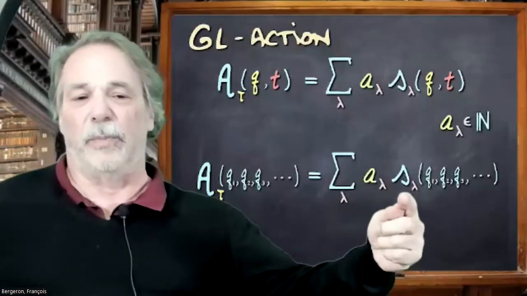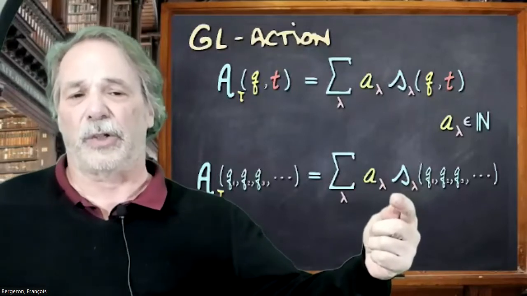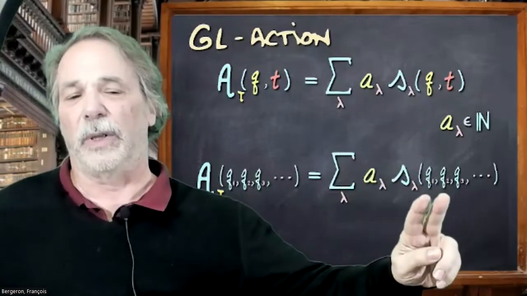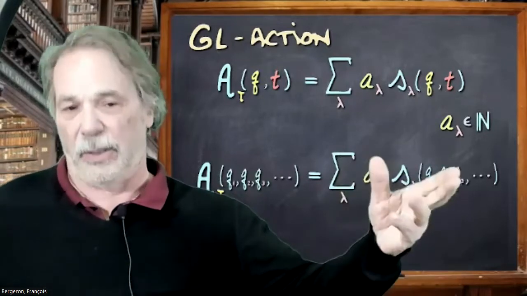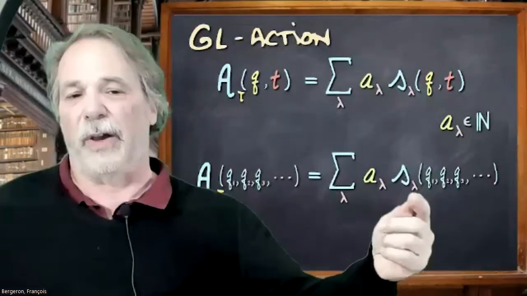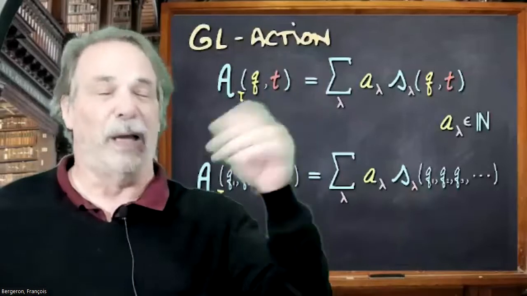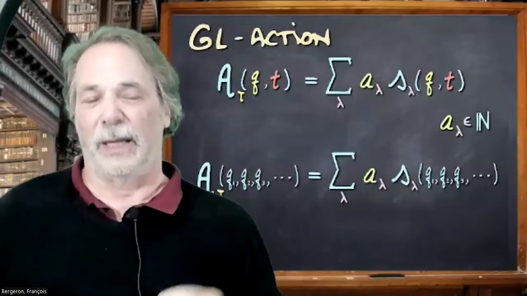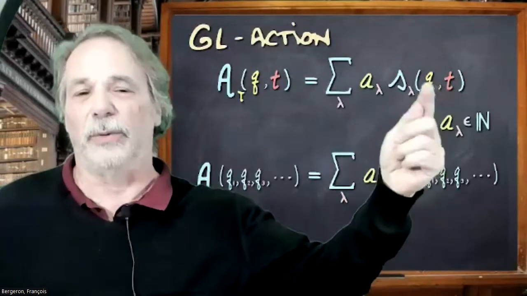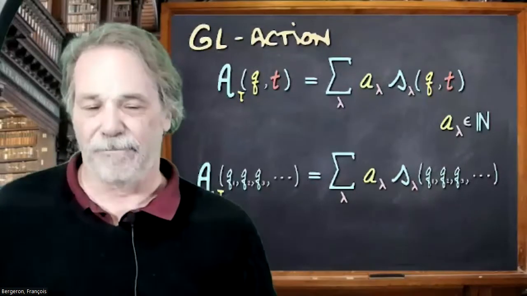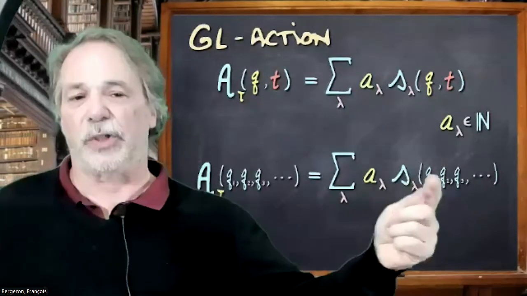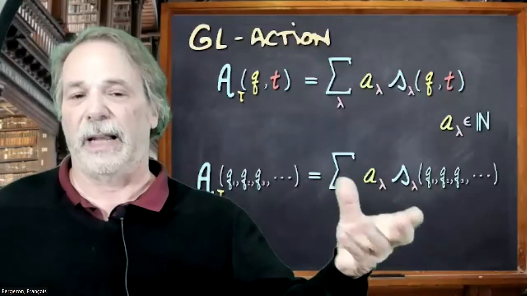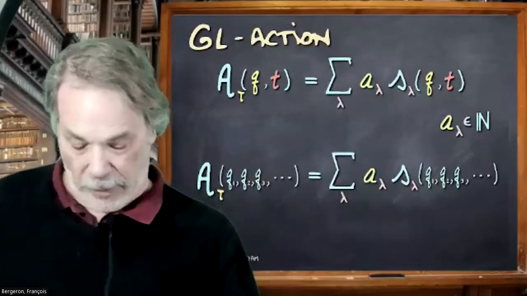I say other terms because if you take a Schur function that has more than 2 parts and you put just 2 variables in it, it vanishes. So in this expression, if I put just Qt here, some of these terms might vanish, but there are terms that I want to keep. Let me show you.